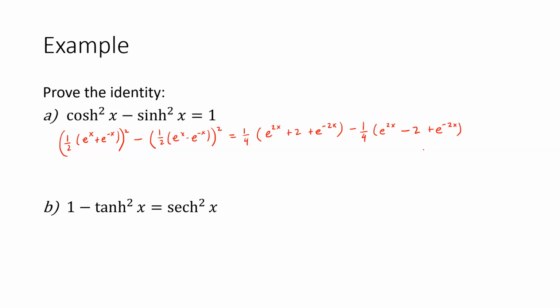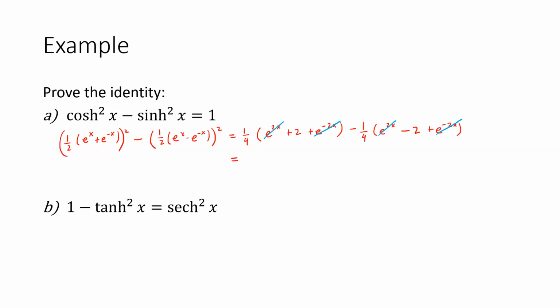Alright, and then let's see what we can do from here. Well, first of all, I notice that a bunch of terms are going to cancel. In particular, e to the 2x minus e to the 2x, those terms will cancel. e to the negative 2x minus e to the negative 2x, those terms will cancel.